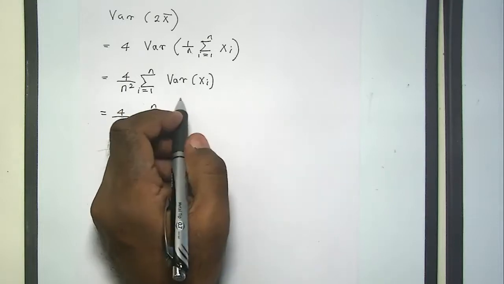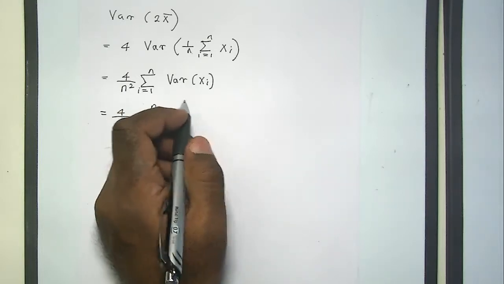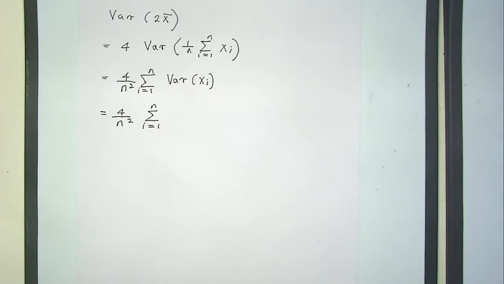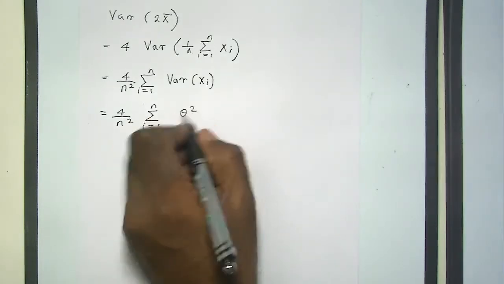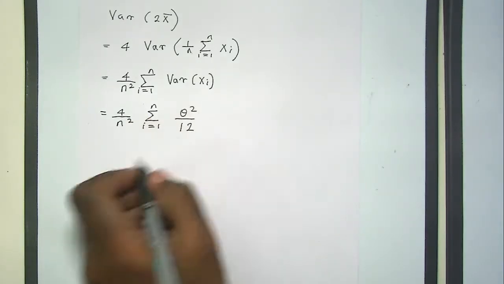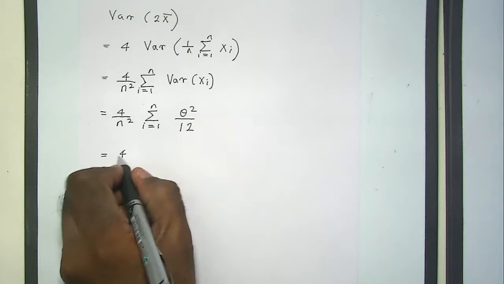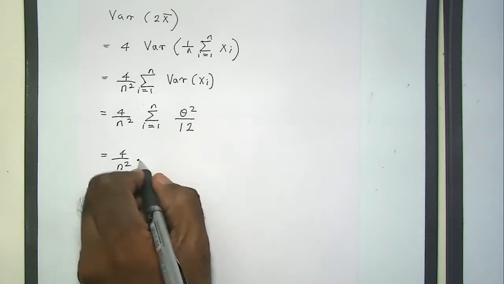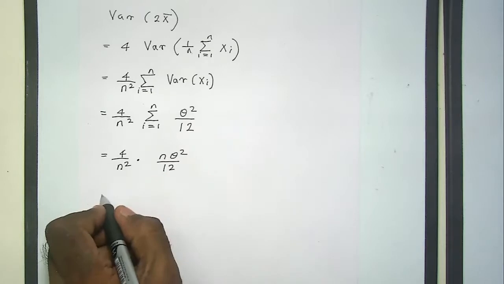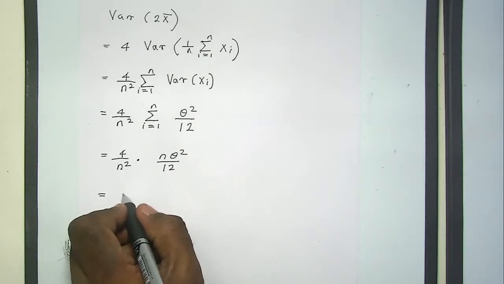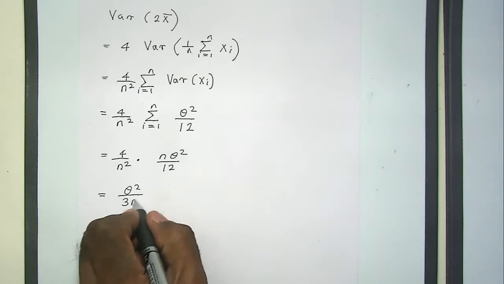Now the variance of xi for the uniform is, again, if you look at the handout I gave you, b minus a squared divided by 12. So which in this case will be theta squared divided by 12. So this is 4n divided by n squared times n theta squared divided by 12, which is theta squared divided by 3n.